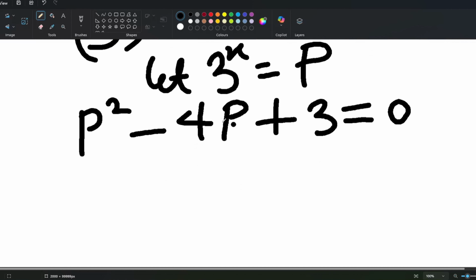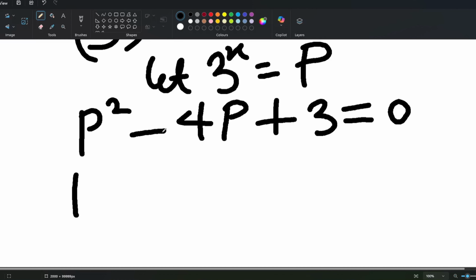Because we have to split it into two numbers such that the multiplication of those numbers will give us 3 times p squared, and the addition of the numbers will still give us minus 4. Those two numbers are minus 1p and minus 3p, which if we multiply together becomes 3p squared, and if we add together it will still be minus 4p.